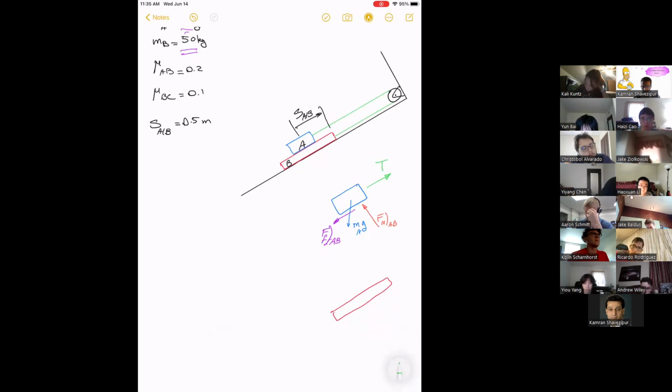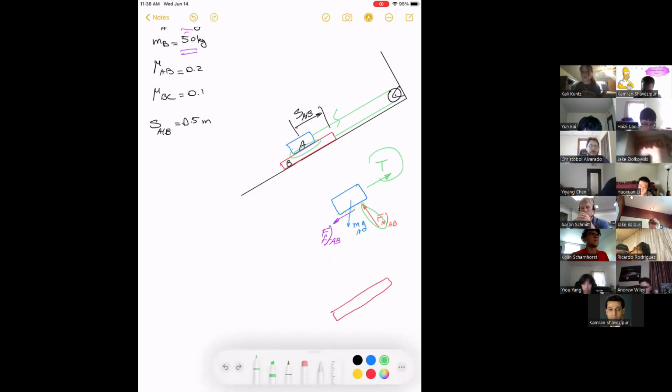That's what we have for A. Any other thing? Remember, when you create a free body diagram, you separate it from the environment. If I cut this cord, I'm going to put this force. If I separate it from here, I'm going to put these two forces. And of course, if I separate it from Earth, I'm going to have gravity, right? There's no other interaction of A with anything else. So this is what we have.